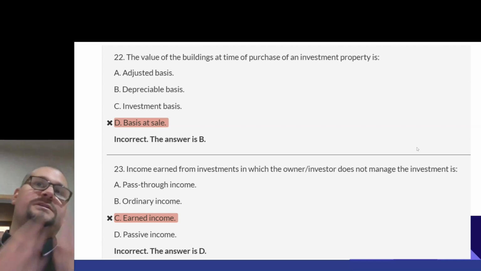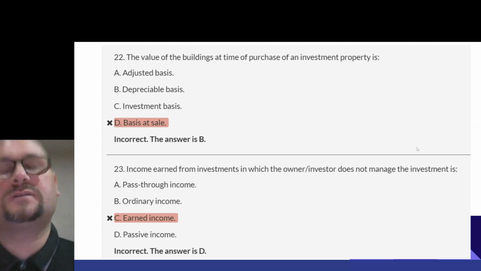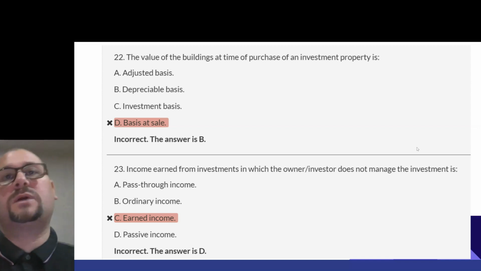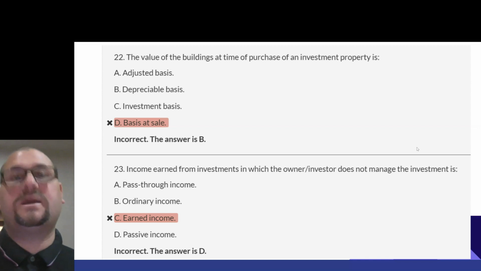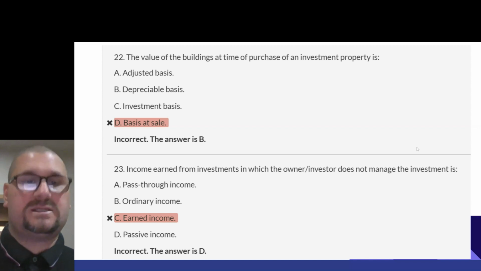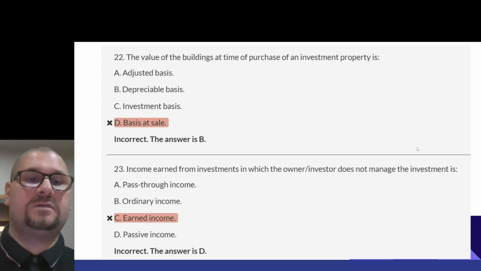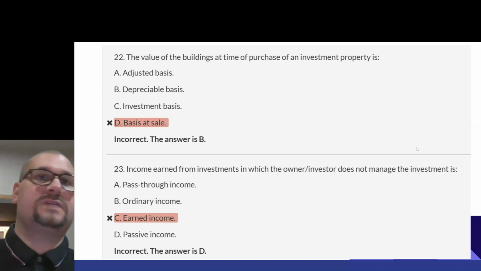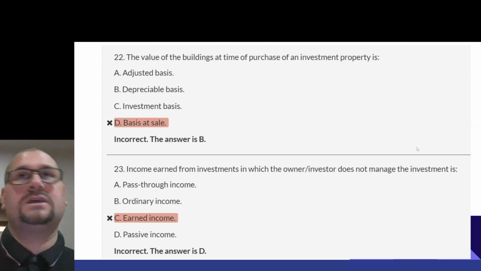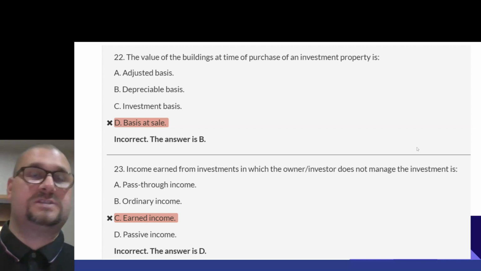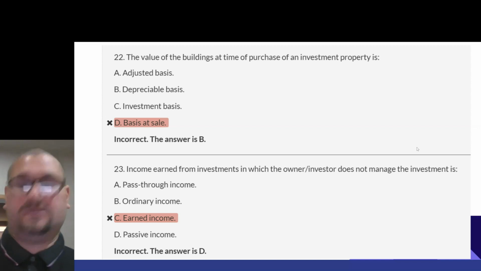For example, the owner has 10 commercial properties and doesn't manage them. They own it, but they don't manage it. That's passive income. Is it pass-through income? No. Ordinary income? No. Earned income? No. Passive income is when an owner or investor owns 10 or 20 properties, doesn't manage them, and just gets the money.